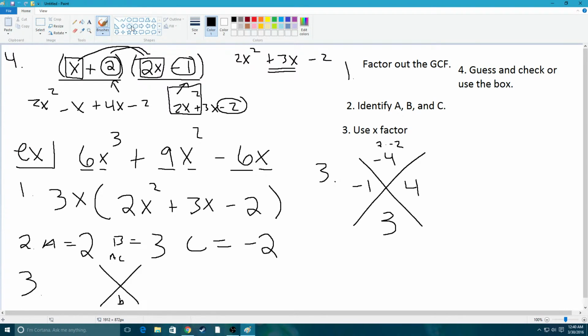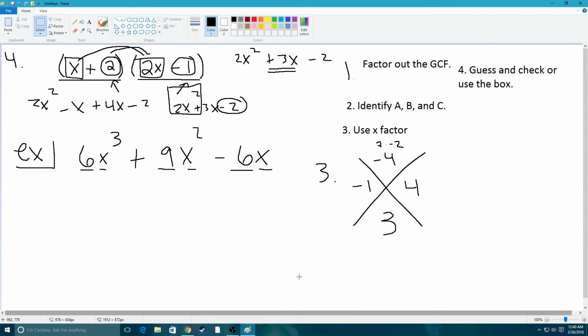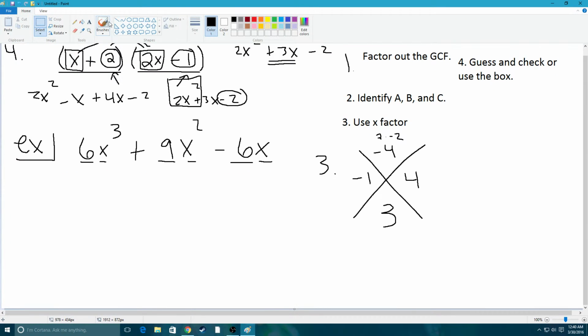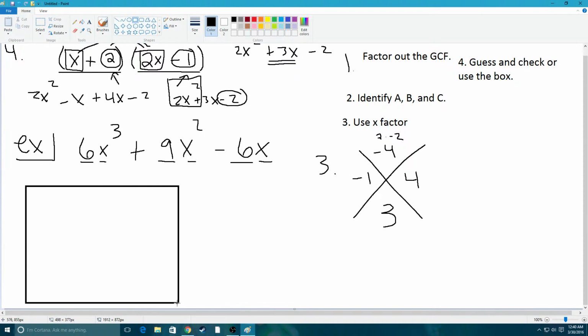There's also another way to do this, and we call this the box method. So I'm going to go down here and do the box. So the box method says, take a box.